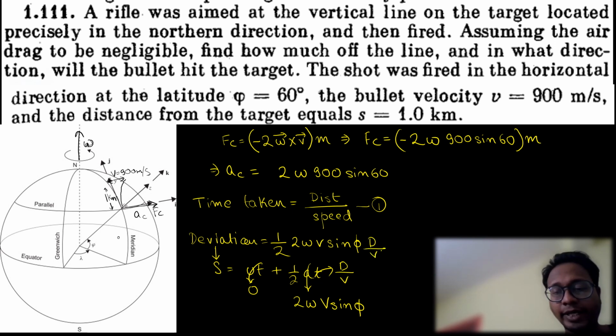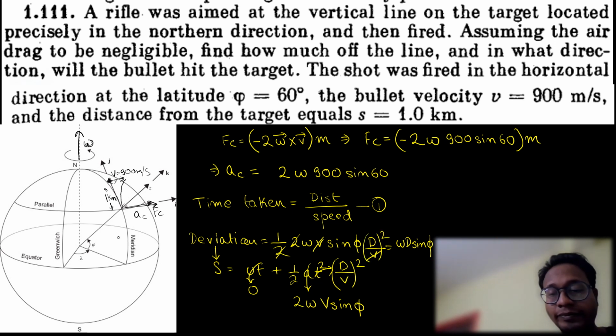Okay, v and v would get cancelled, 2 and 2 would get cancelled, so deviation would be equal to omega d sine phi. I made a little bit of silly mistake out here. s equals ut plus half at square, so it is d by v whole square.